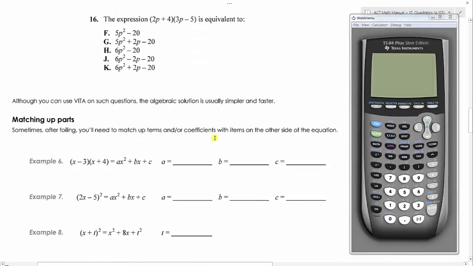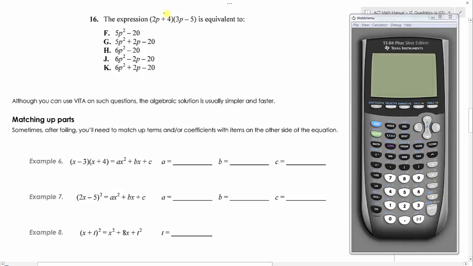Simple FOIL questions like number 16 are pretty much free points on the ACT. Almost every high school student should be proficient enough with basic foiling and factoring that questions like these should be very simple. The only danger in these questions, for most students, is careless mistakes, which usually involves forgetting to distribute or deal with some negative in the appropriate way.